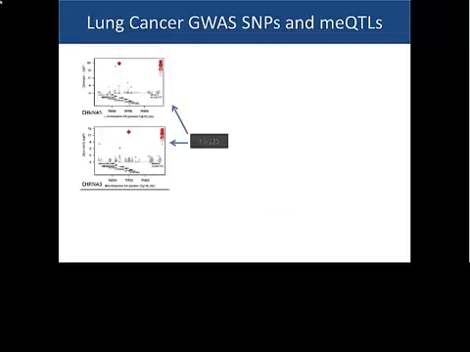First of all, we found that for the most important locus, 15q25, there are two independent SNPs contributing to the risk of lung cancer. We could show that both of the SNPs regulate CpG sites in the local region.